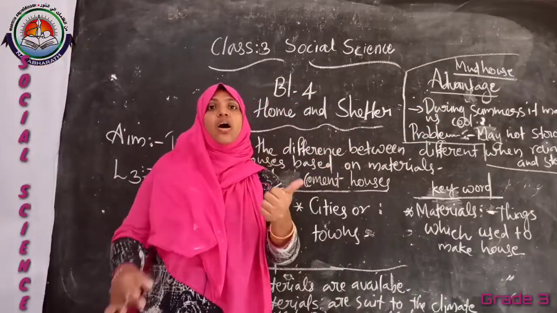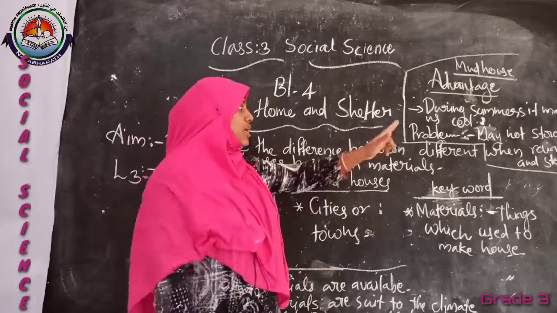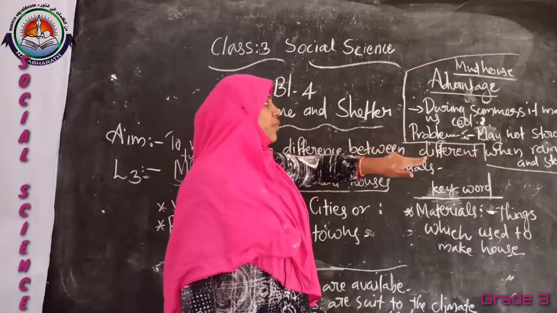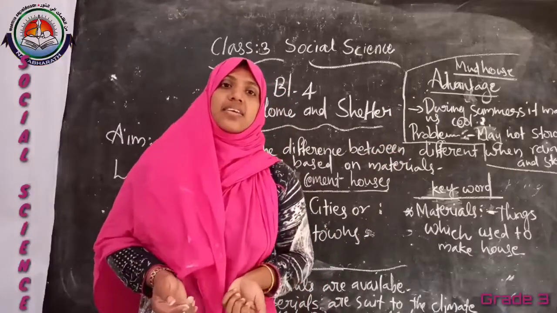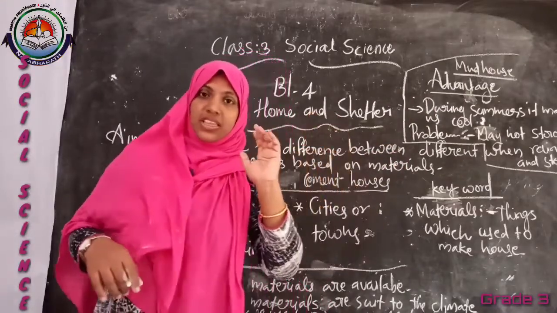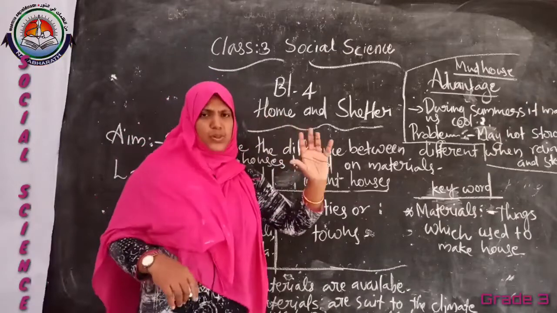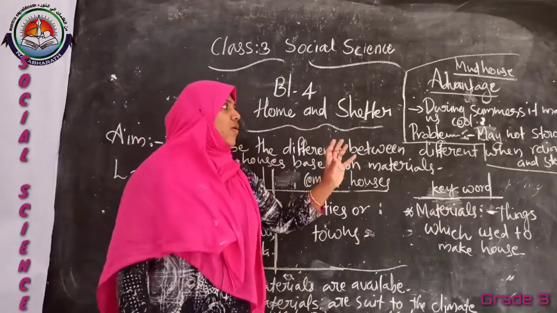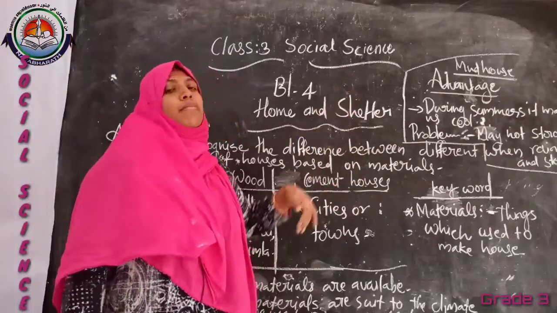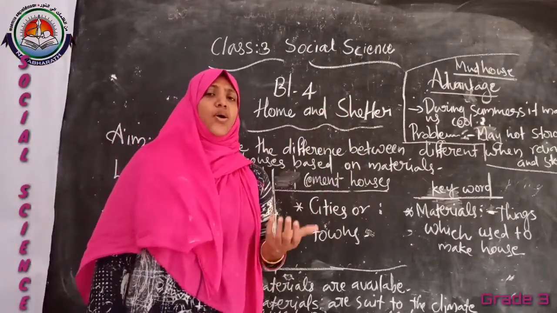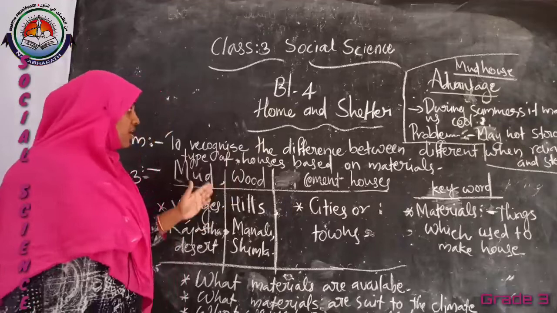Inside of this mud house is cool. Then it has some problem also: it may not be strong when rain and storm. This is the problem of the mud house. I hope you all understood this topic.